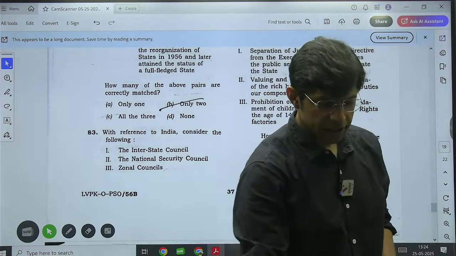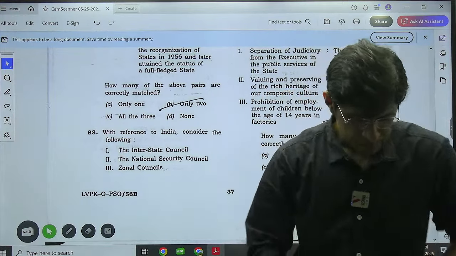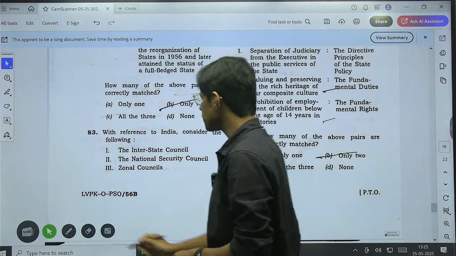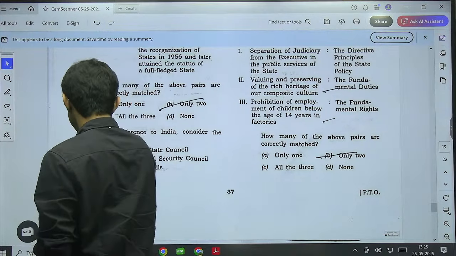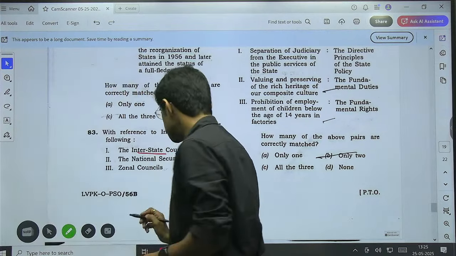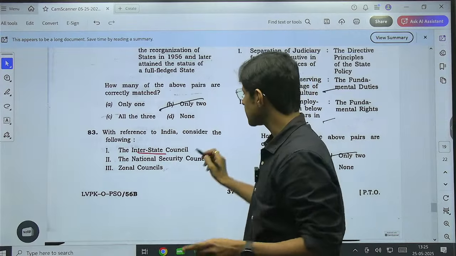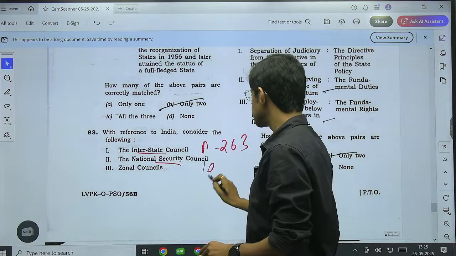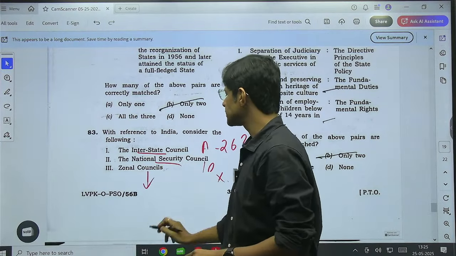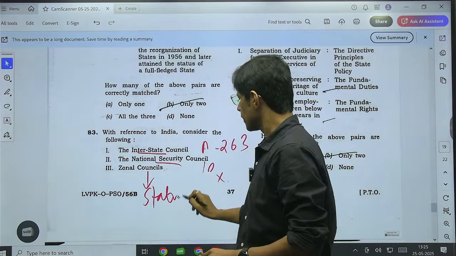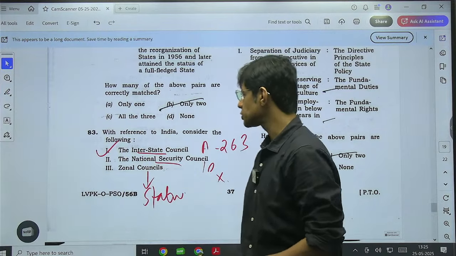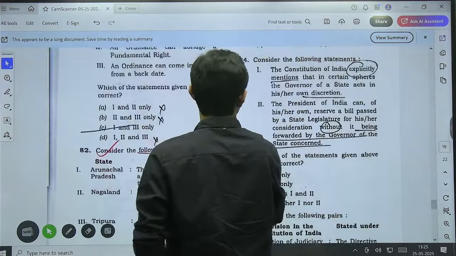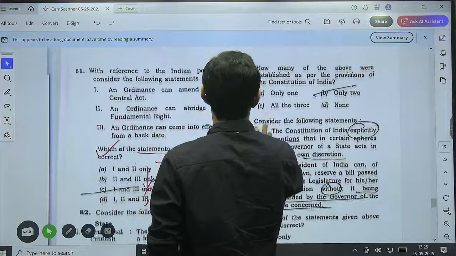So if you look at 83rd question number, Interstate Council, the center-state relations makes it very, very clear that Interstate Council was established via the Constitution as per Article 263. National Security Council, it's an executive body. Zonal Council, it's a statutory body. So only one has to be correct. So 83rd statement, only one, which means option A is correct.